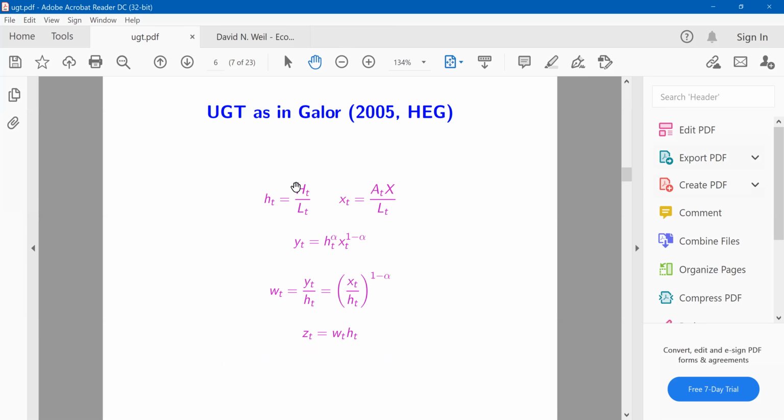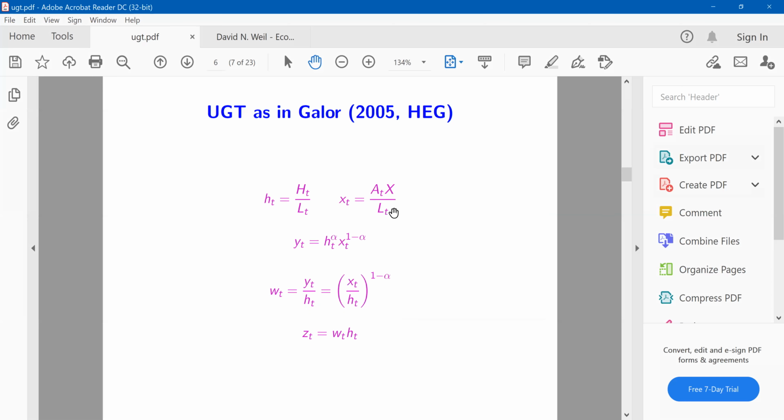Now, human capital depends on total labor endowment divided by the number of people, right? So in that sense, uppercase H is the total human capital in the economy. And X is effective resources per worker. X is the amount of resource the economy has.